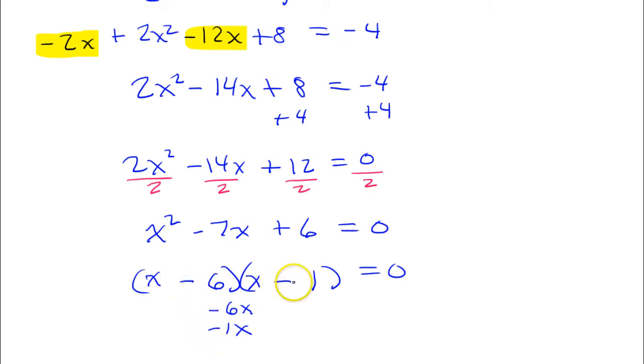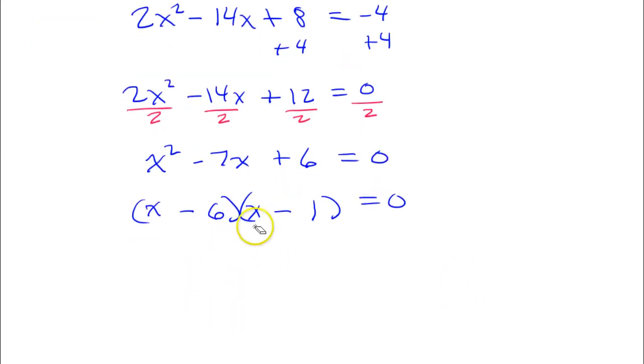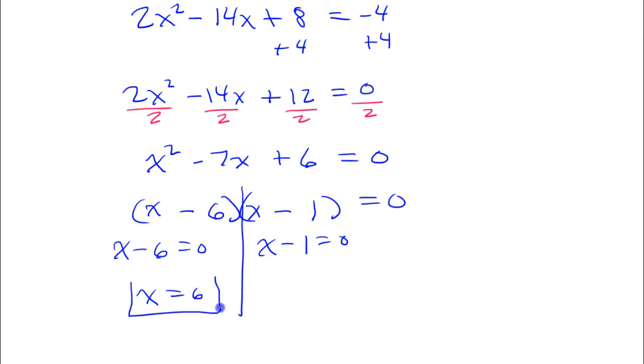Now, negative 6 times negative 1 is positive 6, so I have factored it correctly. To go ahead and solve it, I need to set these factors equal to 0. Adding 6 to both sides gives me x equals 6. Adding 1 to both sides gives me x equals 1.